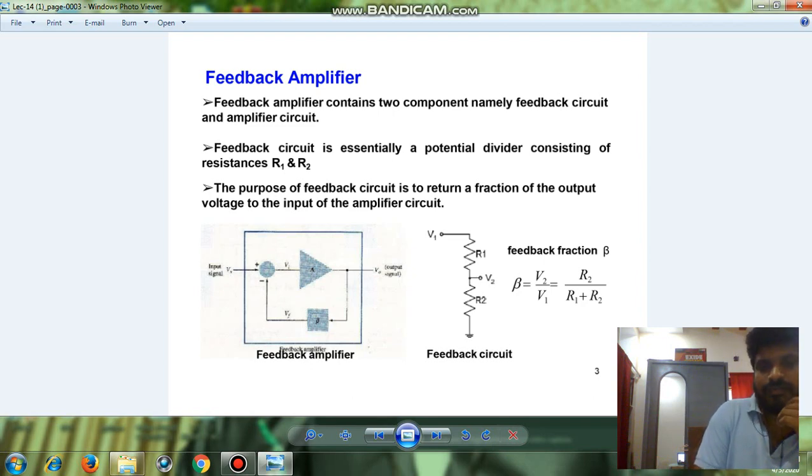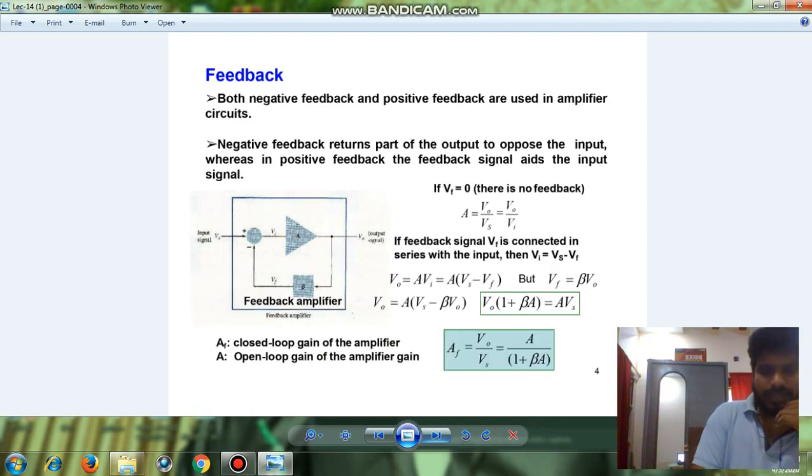If you observe carefully, the output is dragged with the help of a feedback network which consists of beta, which is nothing but a set of resistors, and given back to the input. That feedback fraction is nothing but the ratio of feedback to output. From the potential divider we can draw this conclusion: beta is nothing but R2 by R1 plus R2. So that is the basic definition, and now we go with the types of feedback.